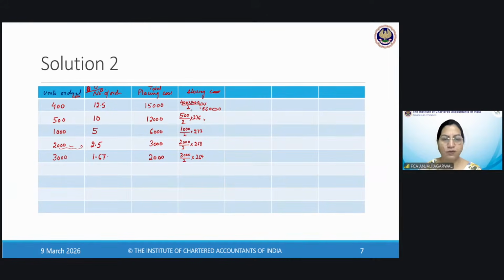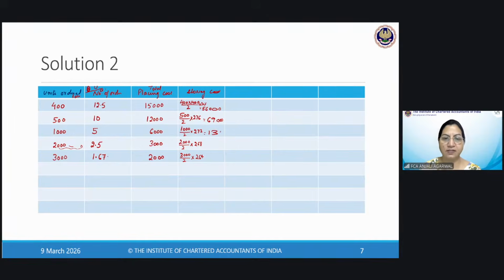All right. 250 into 276, so your total storage cost is 69,000 here. You will see that this is increasing. As the number of units ordered increases, you are storing more units, therefore your storage cost will increase.